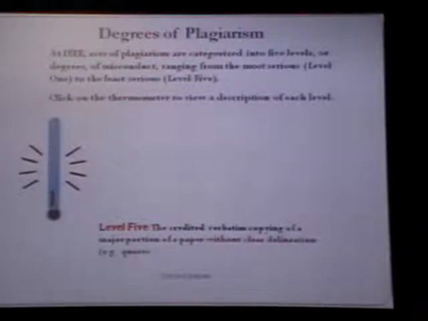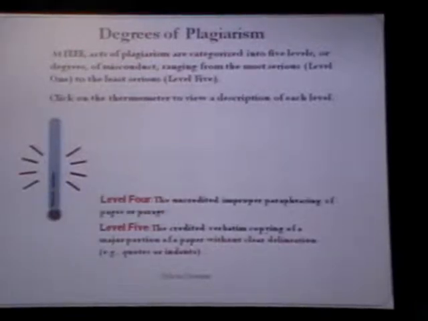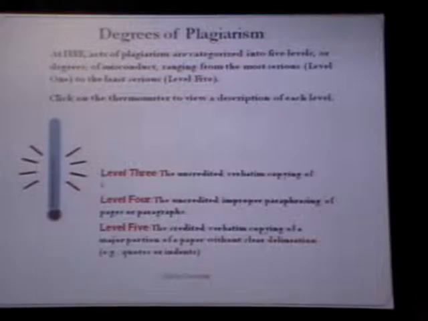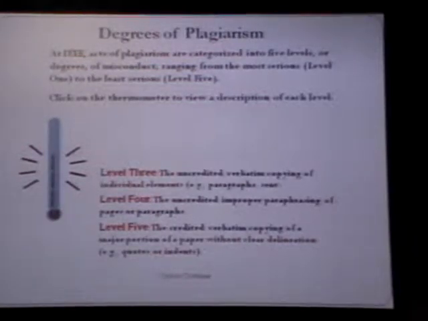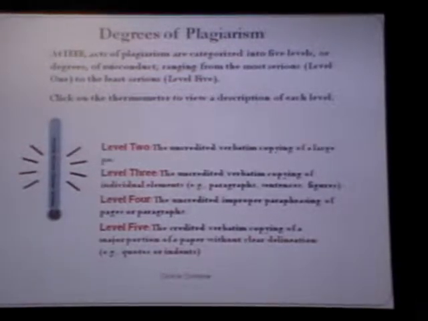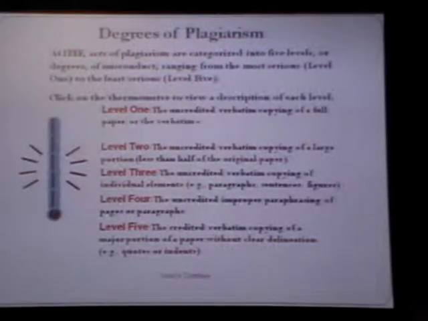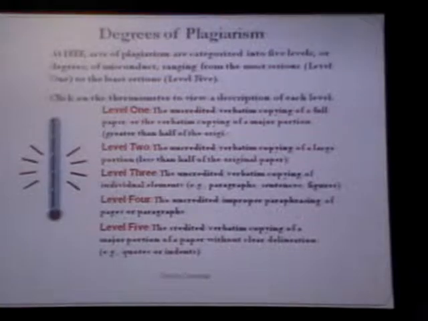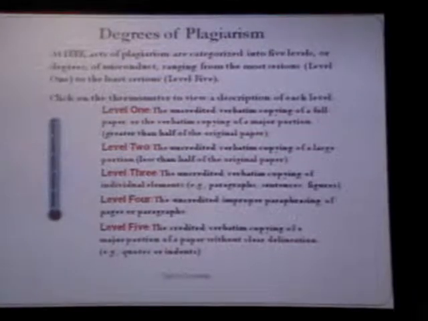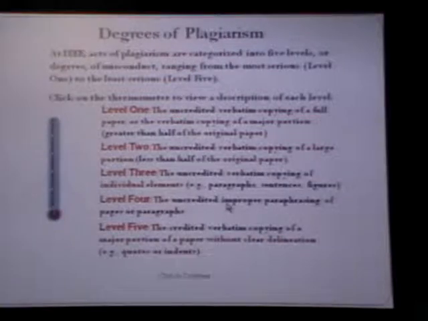Level 5 is plagiarism including the uncredited verbatim copies of a small portion of the paper. Level 4 is uncredited improper paraphrasing of a page or paragraph.